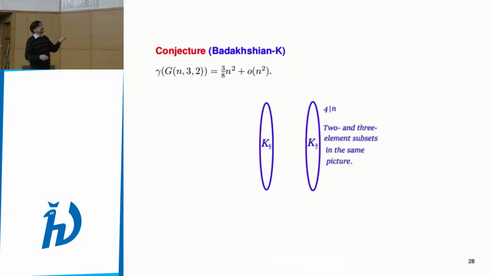I suppose that 4 divides n, so n half will still be an even number. The construction works for other values also, but it's easier to show in this case. So take here a complete graph. I said bipartite graph, it's wrong. It's written a complete graph.